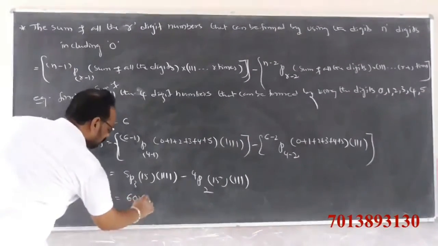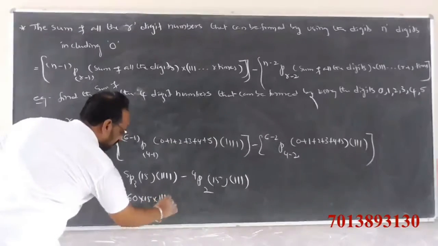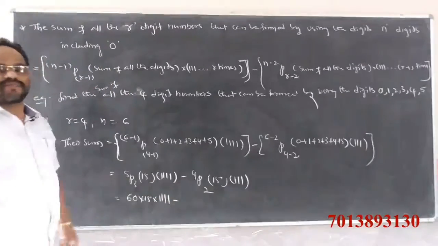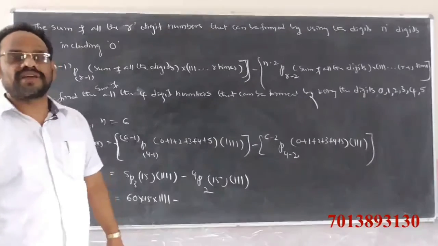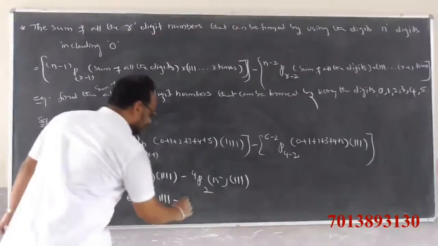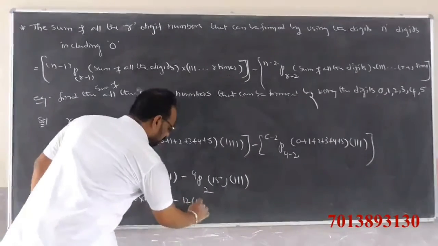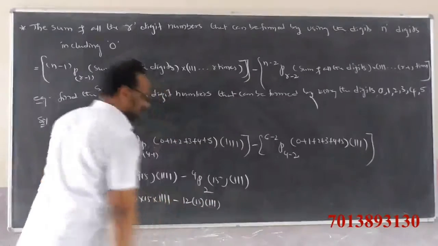So 60 into 15 into 1 into 1 into 1 into 1, minus 4P2, which is 4 factorial by (4−2) factorial, 2 factorial gets cancelled, 3 times 4 is 12, into 15 into 1 into 1 into 1.